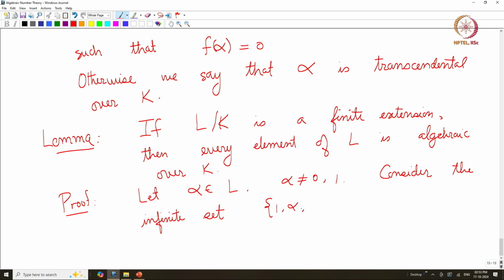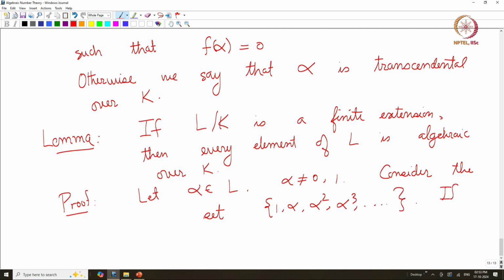1, alpha, well, okay, maybe let me not say infinite set here, because it may not be infinite. Let me just say consider the set 1, alpha, alpha squared, alpha cubed, etc. Okay.